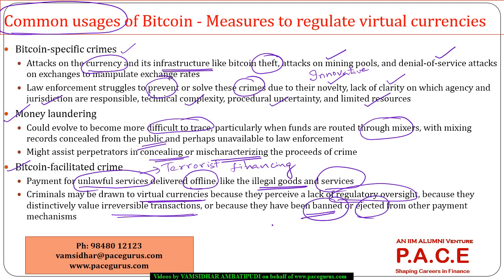So they are looking forward to Bitcoin-specific transactions, which means using Bitcoin kind of virtual currencies primarily for criminal activities. Because of all these reasons, there is an immense pressure to come out with regulatory guidelines to handle these virtual currencies, so that they can be used in a much more proper manner and facilitate cashless transactions to a large extent.